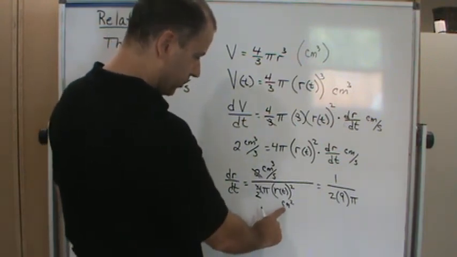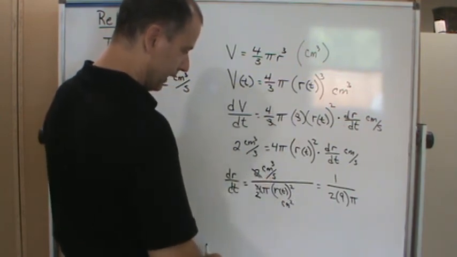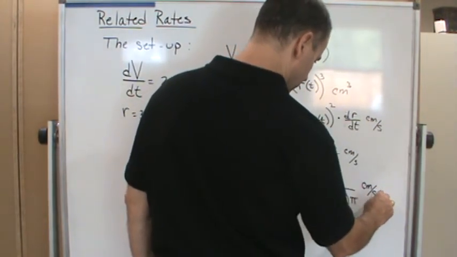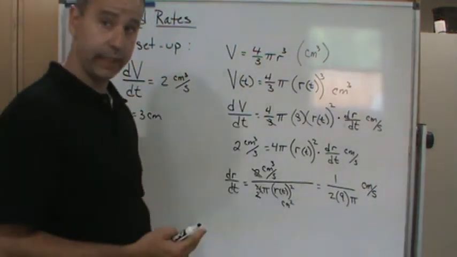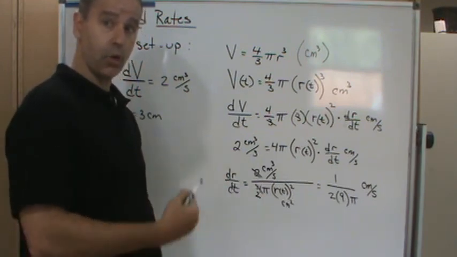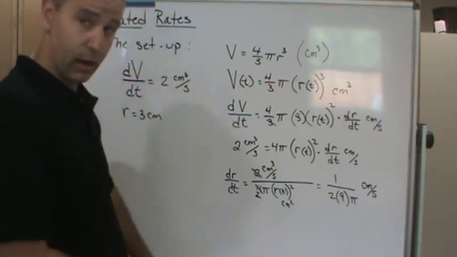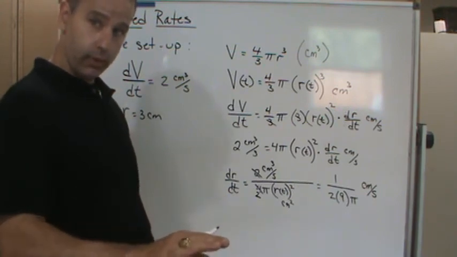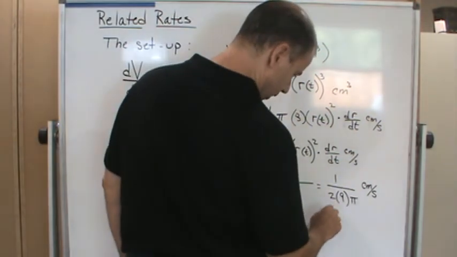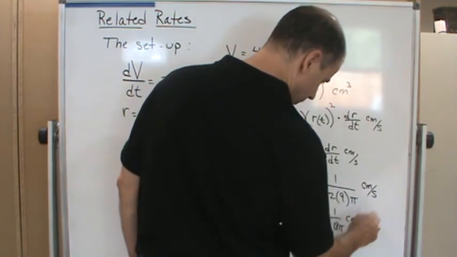And so we've got centimeters squared on the bottom, centimeters cubed over seconds on the top, and that's going to give us centimeters per second, which makes sense because we're looking at a change in length over unit time. So based on our unit analysis, this makes sense. So we're on the right track. We're at least getting the right units. So now this is going to equal 1 over 18 pi centimeters per second.